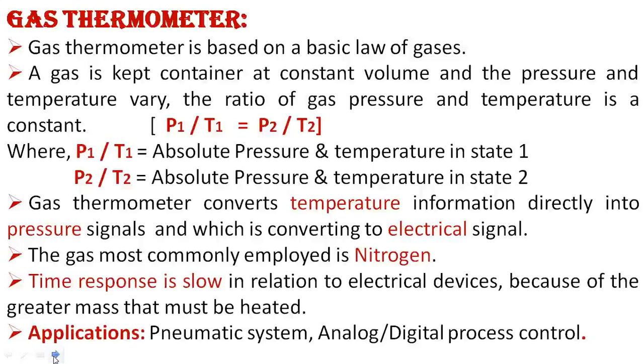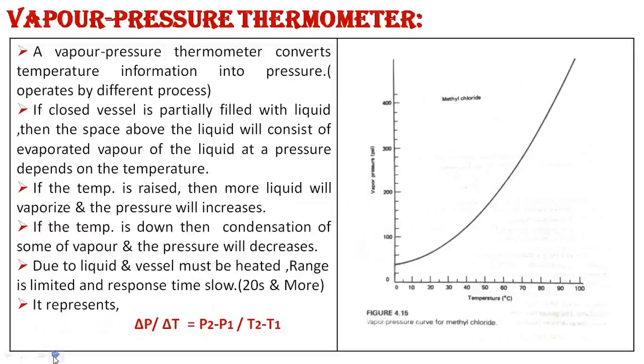A gas thermometer converts temperature information directly into a pressure signal, which is converted into an electrical signal. The gas most commonly employed is nitrogen. Time response is slow in relation to electrical devices because of the greater mass that must be heated. Applications are pneumatic systems, and analog and digital process control.